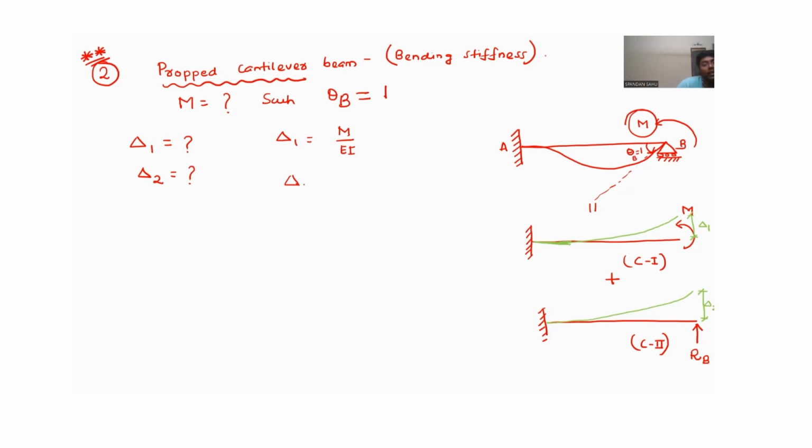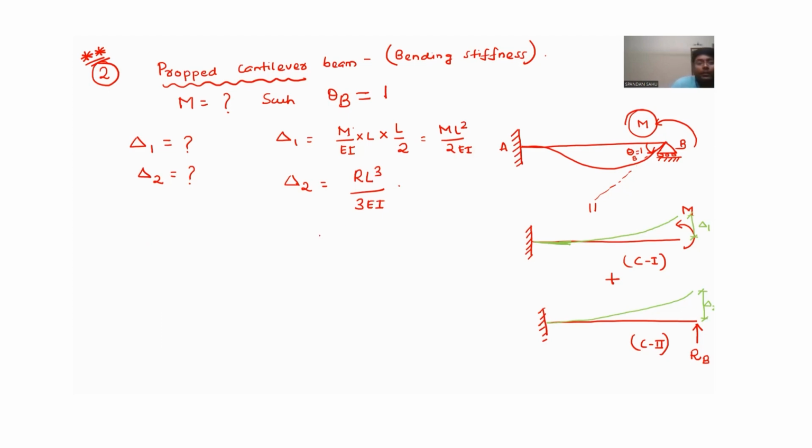I am not doing it in detail because we know how to do it, so I am writing the values only. Delta 2 is RB L cube by 3EI.